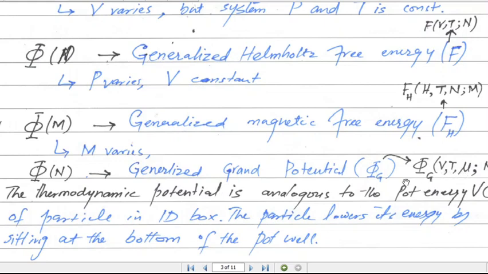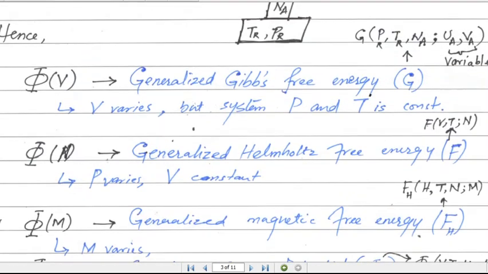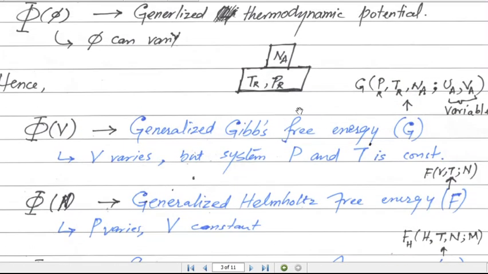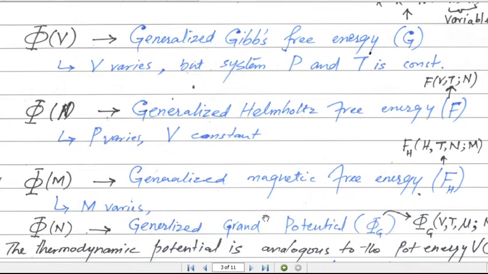So in the grand potential, the system varies the number of particles in order to minimize this energy. Whereas in the case of the Gibbs free energy, the system moves towards the most probable state, or the minimum energy state, by varying the volume of the system. And similarly, in the case of the magnetic free energy, the parameter which varies is the magnetization. So the system varies the magnetization in order to minimize the magnetic free energy.